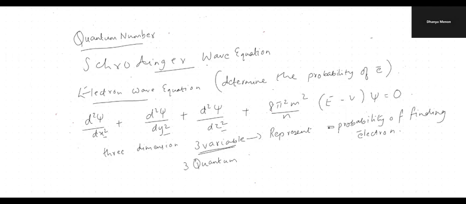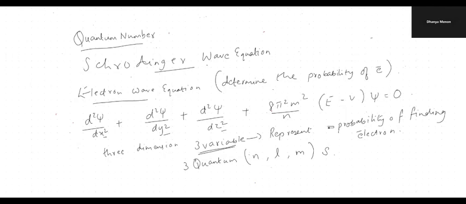So these 3 variables represent the 3 quantum numbers, which are N, L, and M, and there is an additional quantum number S. These give the probability of finding the electron.